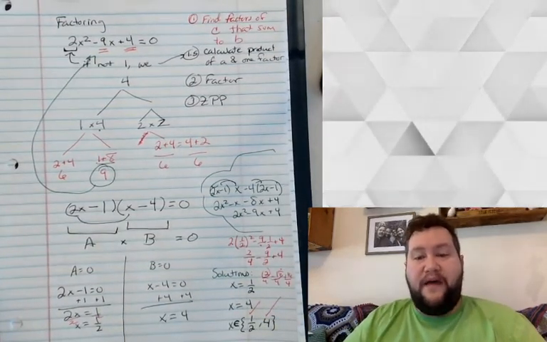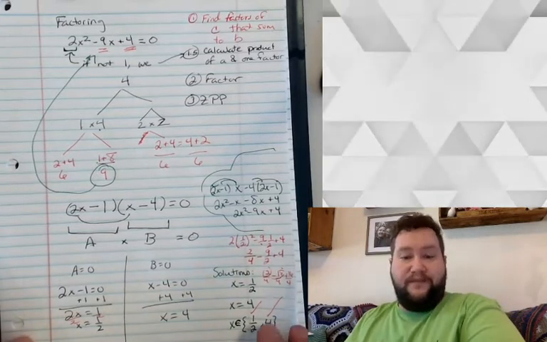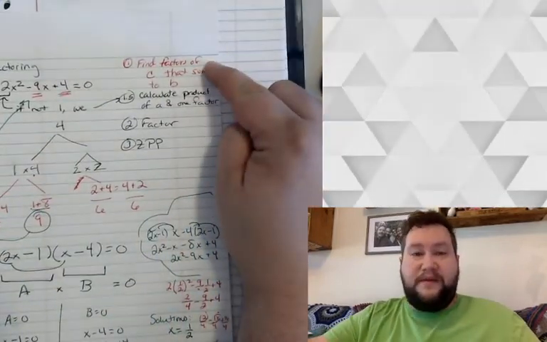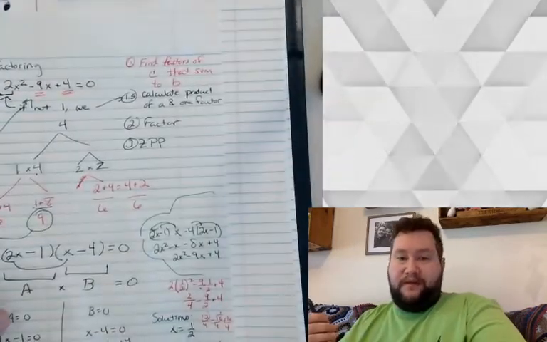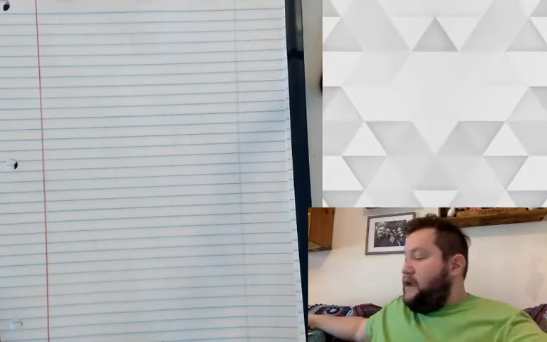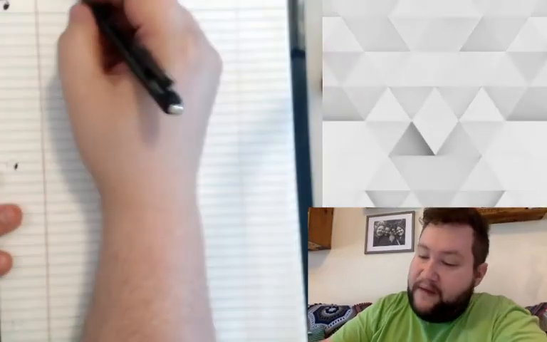So once we have that, we know we're good to go, and we have our solution. So generally, our process is find our factors that sum to b, factor it, and then use the zero product principle. And so we'll go ahead and try another example with factoring, and that'll be enough examples of factoring here.